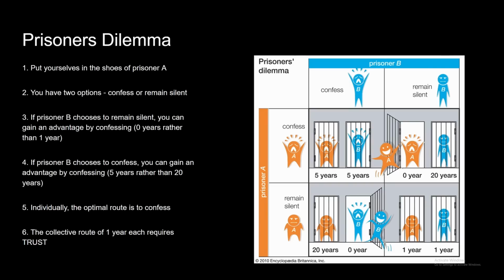So we will have 5 years in jail rather than 20 years. And therefore, individually, the optimal route is always to confess because there is always an advantage to be gained by confessing. Even though overall collectively, that is the worst outcome, and the best outcome would be to both remain silent and both have 1 year in jail each. However, that collective route of 1 year each requires trust in the situation.